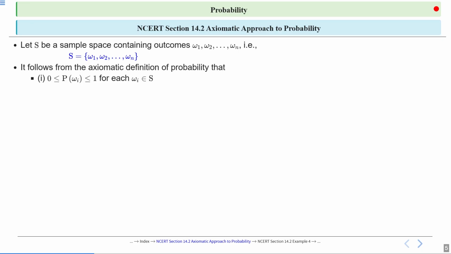So 0 less than or equal to P of omega i less than or equal to 1, for each omega i belonging to sample space S. Clear?